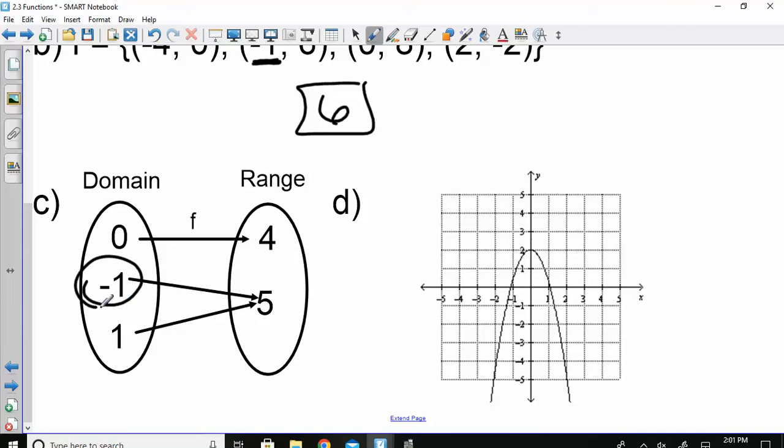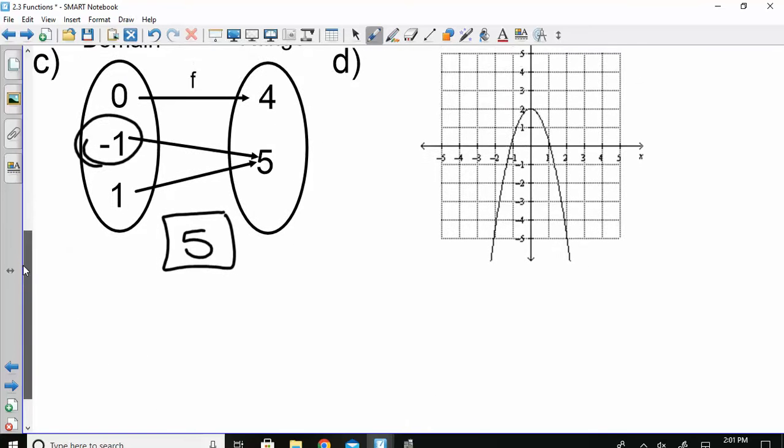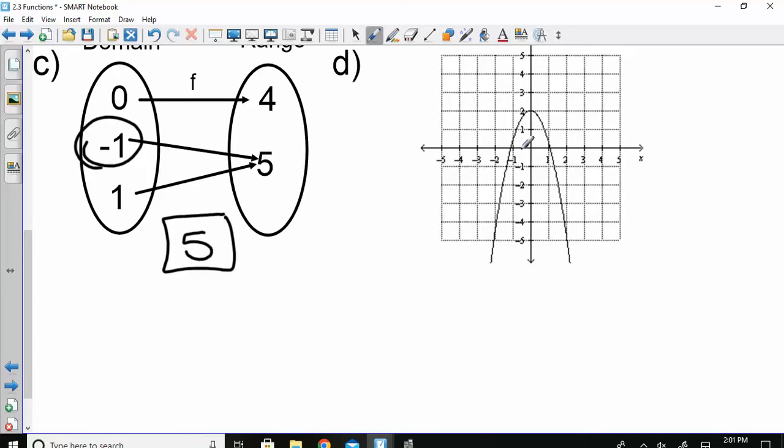So when my x is -1, what's my y? 5. D, on this graph, when x is -1, find the point on the graph. So here's the point where x is -1. What's the y value there? About 1/2 or 0.5.